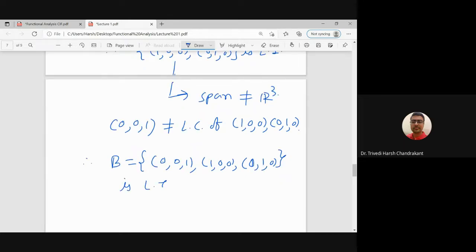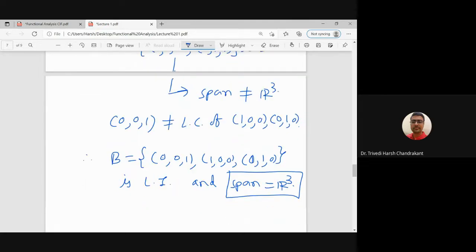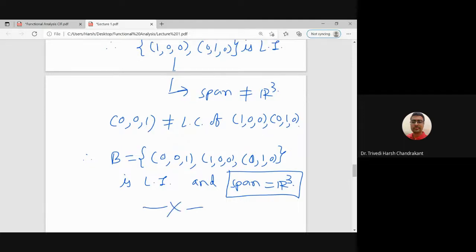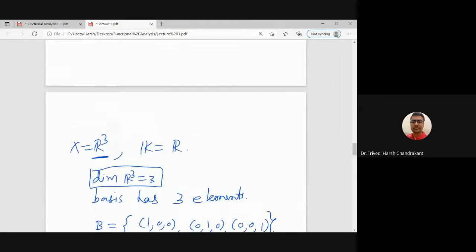This is LI and its span is R3. So this is the process, like the Gram-Schmidt orthogonalization process, a process for finding a basis. Whenever the span is exactly equal to the vector space, we get a basis, and until then, if we get a vector outside the span, we can add that vector and enlarge the LI set. So this is regarding R3.